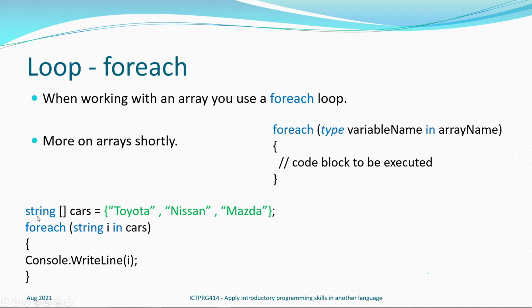So in the example here we have an array called cars, which is a bunch of string variables. So foreach string i in cars, we'll Console.WriteLine i. So Toyota will be printed, then Nissan, then Mazda, and then there are no other variables laid out in the array. That will stop and move on.